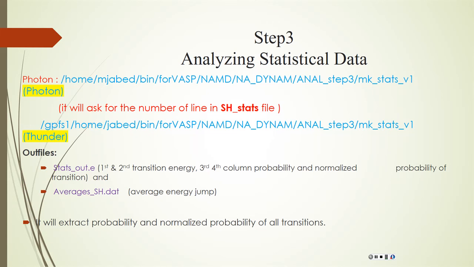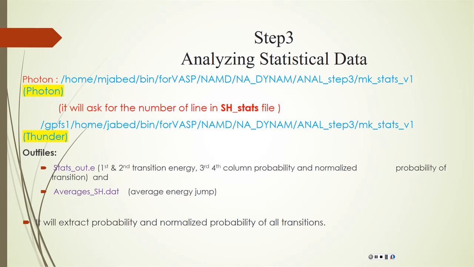This script runs on the SS state file, which contains all the coupling information. After this, you will get the average surface hopping, and then you will get this file with the probability, normalized probability, or other information.